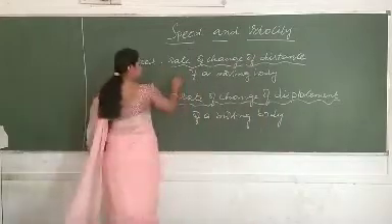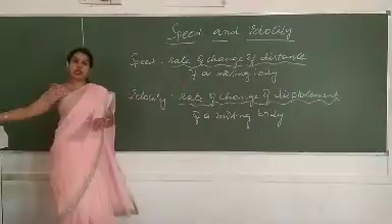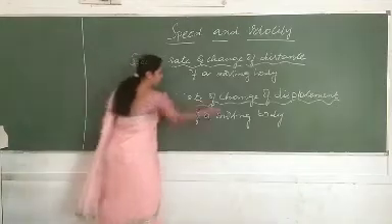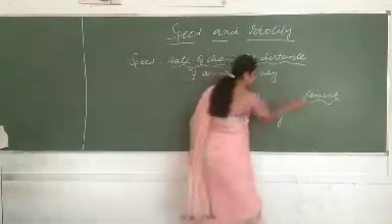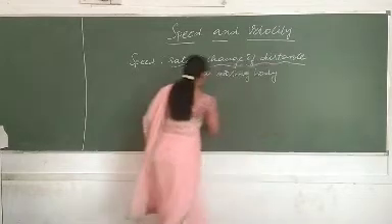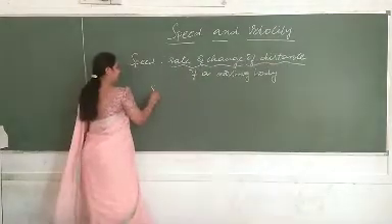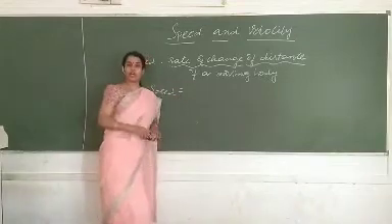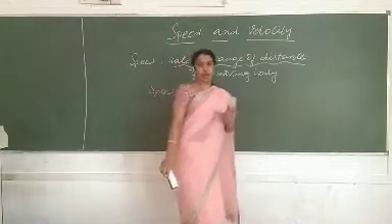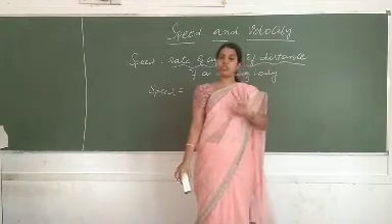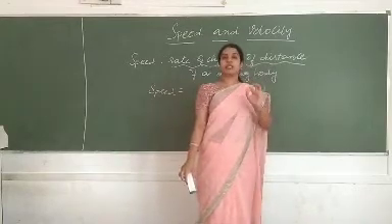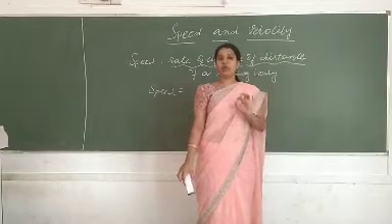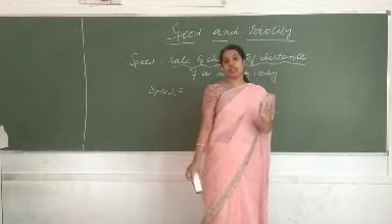Now, seeing this definition, how to write down the formula? The formula for speed can be written as follows. Since the definition says rate of, as I told you in my previous video, wherever this phrase comes, it is 100% confirmed that in the denominator I have to add the time factor.